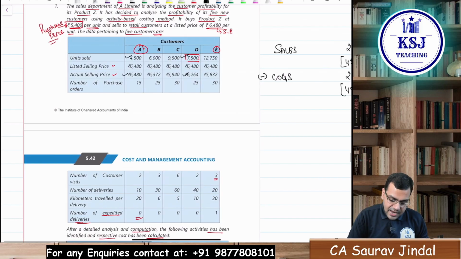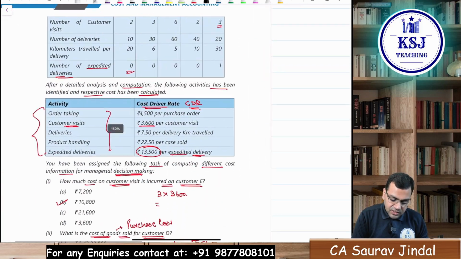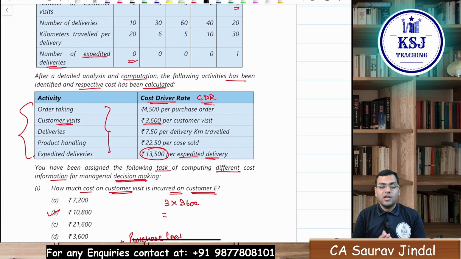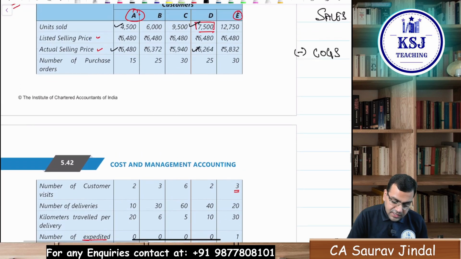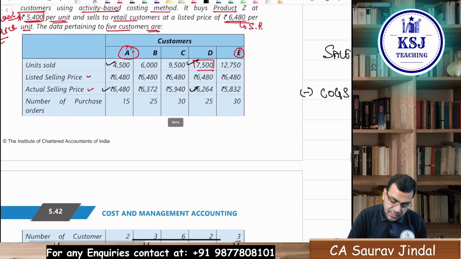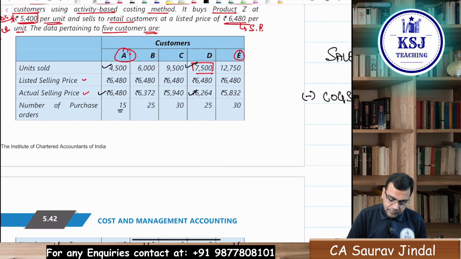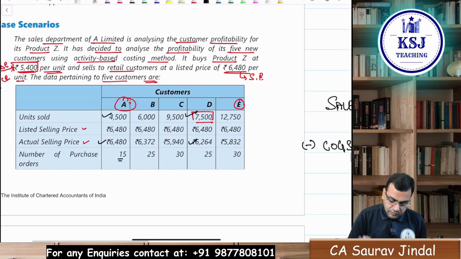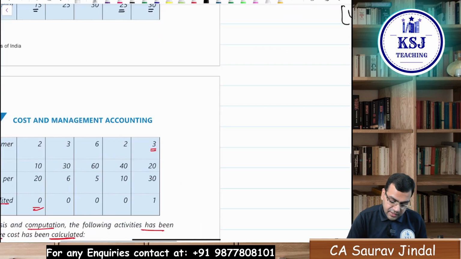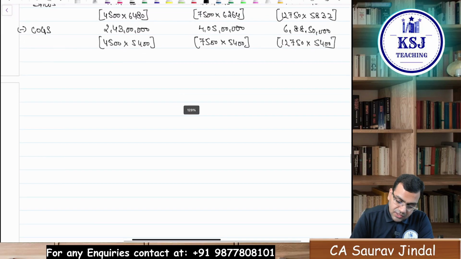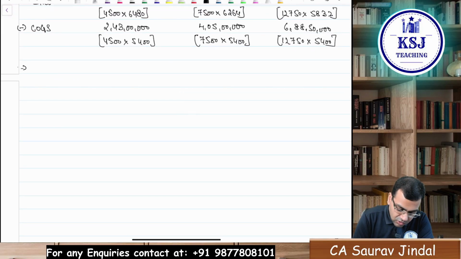Next, now we have to take the order taking cost. Order taking cost is rupees 4,500 per purchase order. For customer A, how many purchase orders are there? 15. For customer D, 25. For customer E, 30. So minus ordering cost.